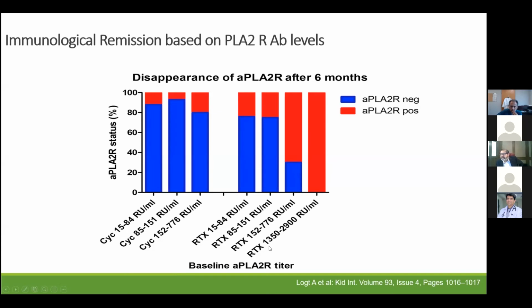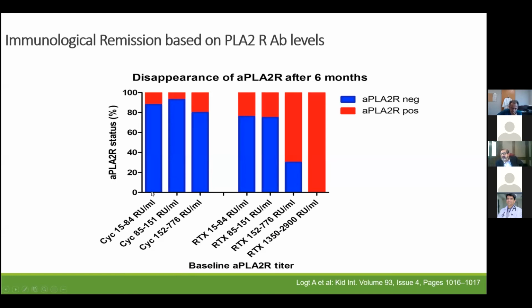Same 3 groups here, plus an additional group of 1350 to 2900, so very high levels. The test they used in this retrospective data review is the Euroimmune assay.